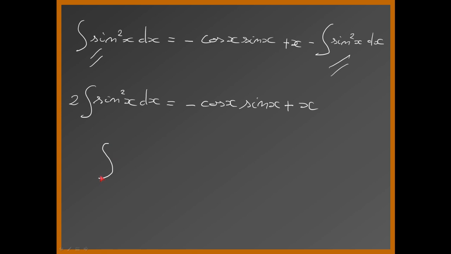Thus, the antiderivative of sine squared of x is equal to x minus cosine x sine x divided by 2. You should notice that this equality is valid up to an arbitrary constant.